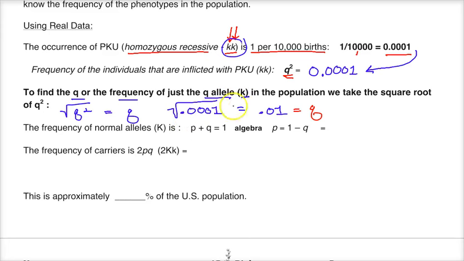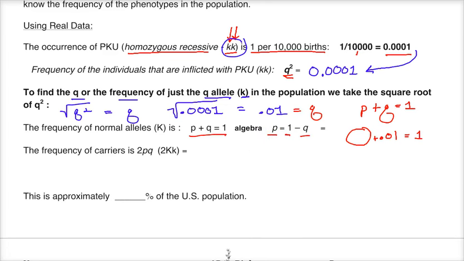Now, what would p be then? Well, wait a minute. If I know that p plus q equals 1, and I just found out my q is 0.01, what must p be? What plus 0.01 is 1? Or if you want to do algebra, p is equal to 1 minus q.